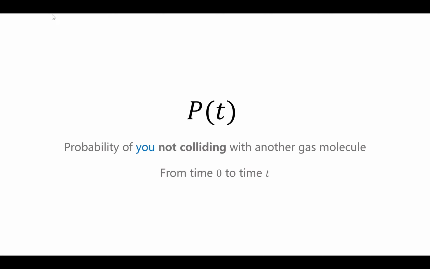This probability will be a function of time, so we write it as the function p of t. Now, we need to define the meaning of this function. What is it? Well, it's the probability of you not colliding with another gas molecule from time 0 to time t. I think you understand it. It's pretty easy to grasp.